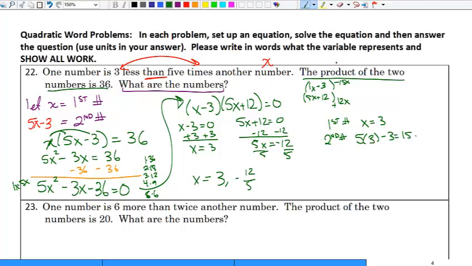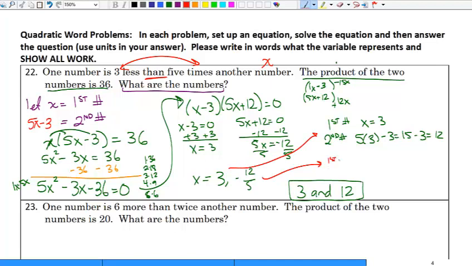So that's 15 minus 3, which is 12. So 3 and 12 are one pair of numbers that work, where one number is 3 less than 5 times the other, so 3 times 5 is 15, less 3 is 12, and when you multiply them you get 36.